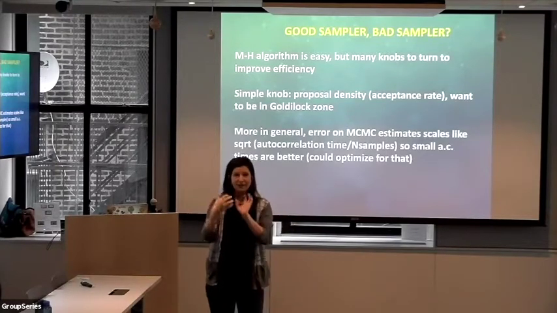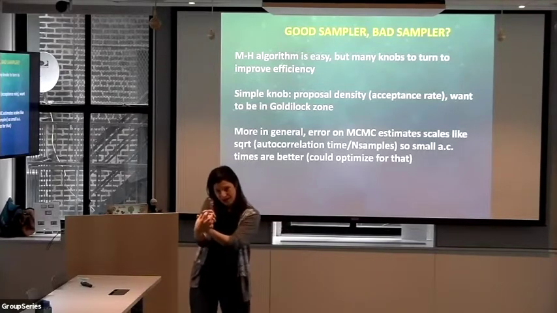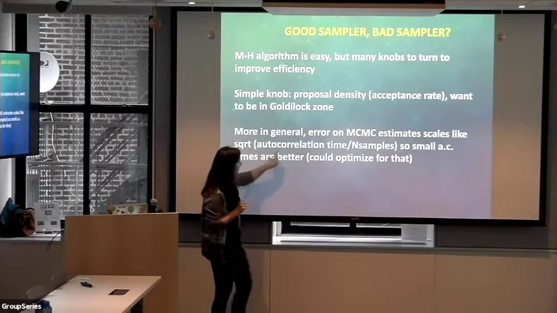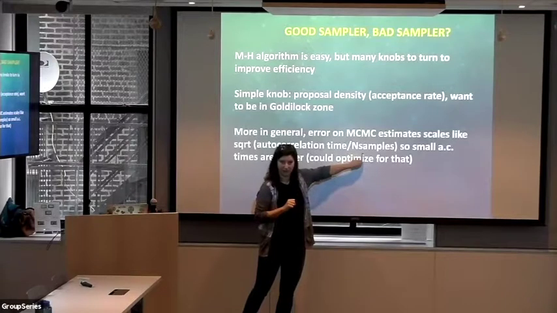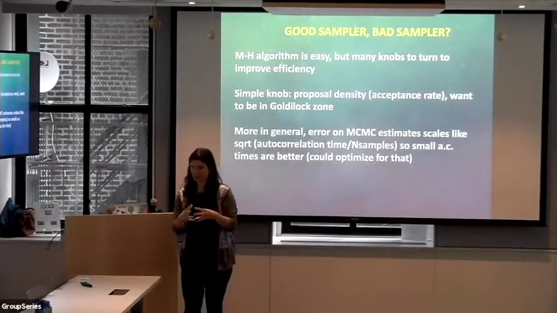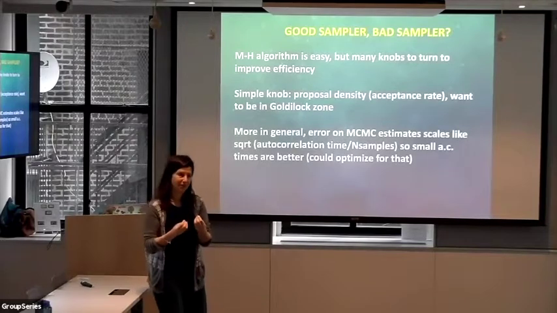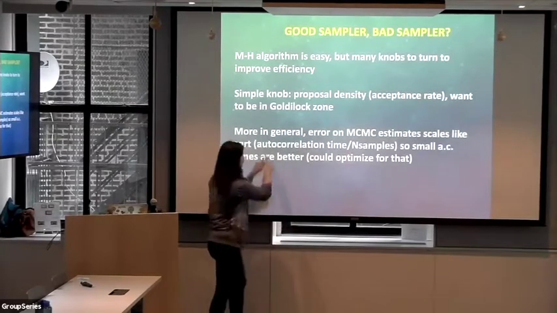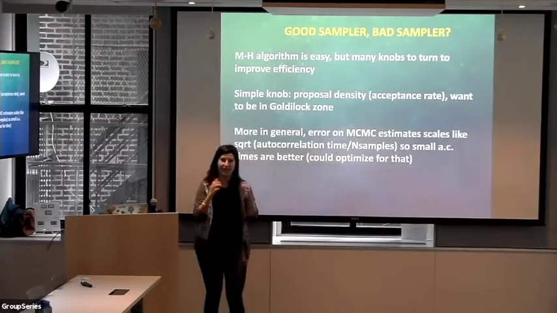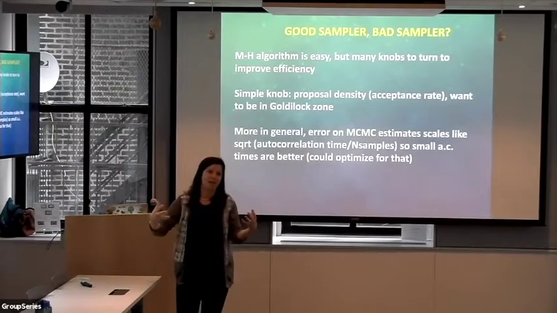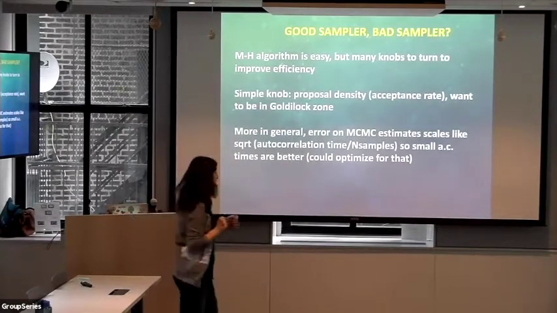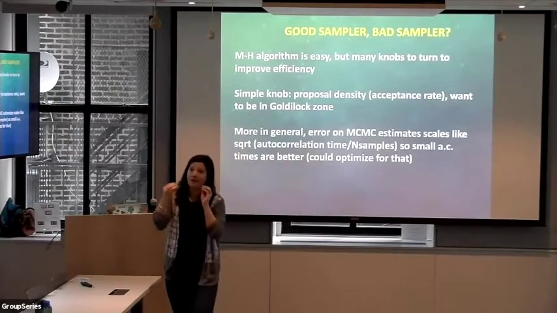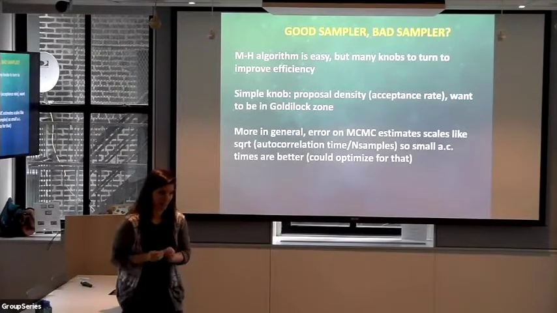Because the error that you make using the chain instead of the integral scales like the square root of the autocorrelation time divided by the number of samples, to make sure that your chain has converged you need to run it for a large multiple of this number. If your autocorrelation time is large, you need to run the chain for much longer to ensure that it has converged. But if your autocorrelation time is small, you can run the chain for a shorter amount of time to obtain the same number of independent samples.